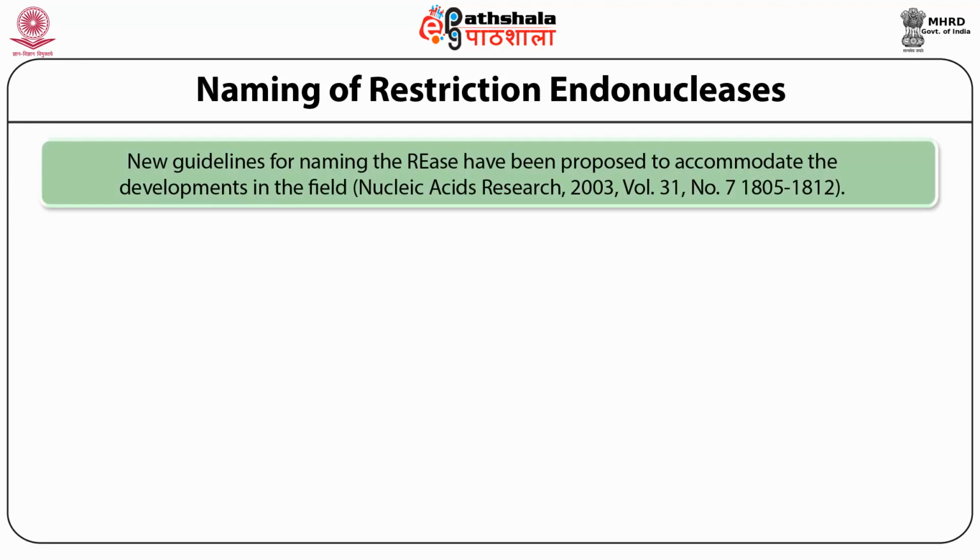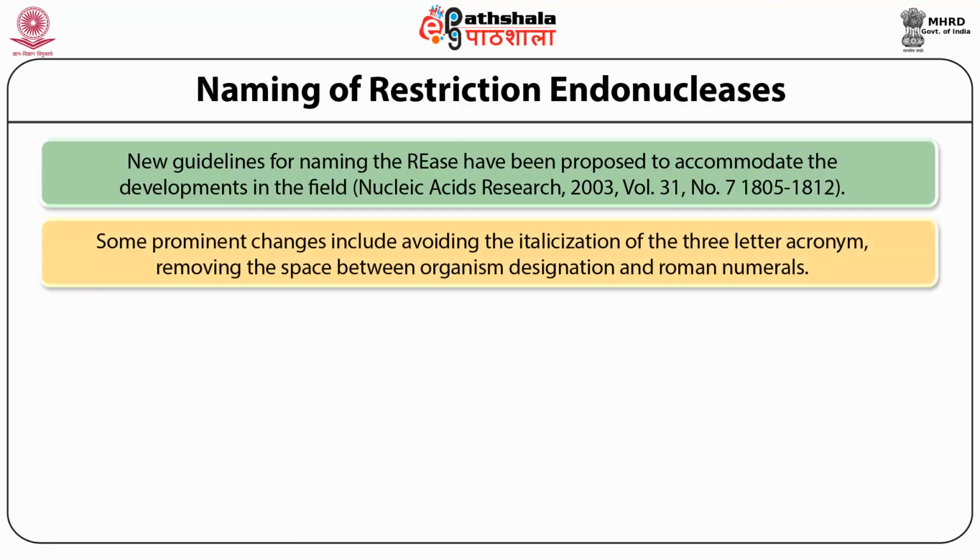However, new guidelines for naming the REases have been proposed to accommodate the developments in the field in the year 2003. Some prominent changes include avoiding the italicization of the three-letter acronym, and removing the space between organism designation and Roman numerals.